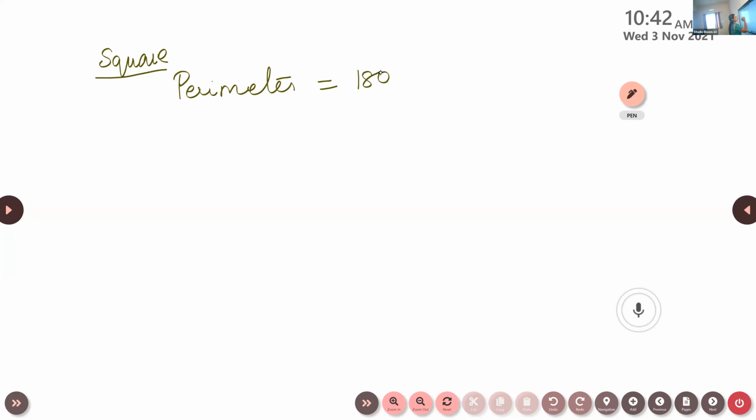Centimeter or meter, Pranav? What is the unit used there? Centimeter. From here, what will be the side of the square? Aman. Now, what can you give the side of the square? Perimeter of the square is given. What is the formula for perimeter of the square?